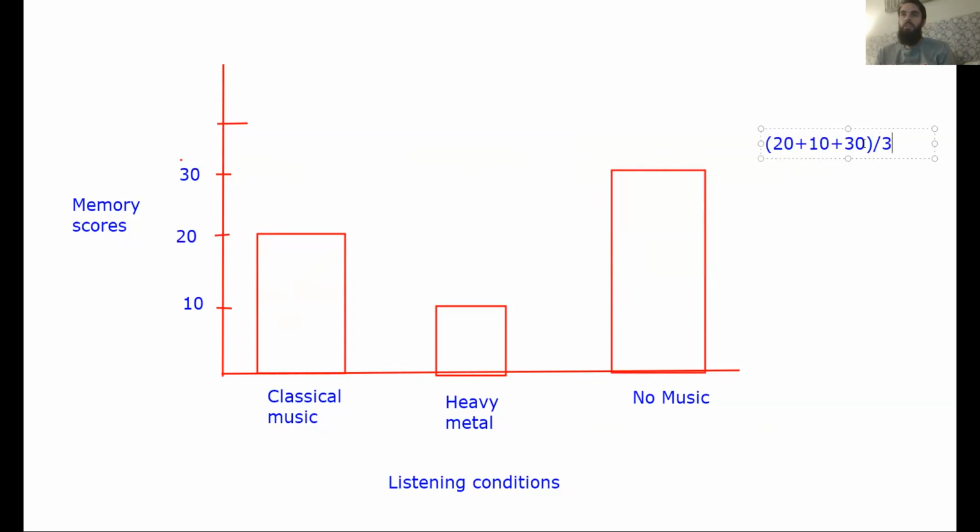So 60 divided by 3 equals 20. And that is the overall average of this sample. So I'm going to draw that in blue.